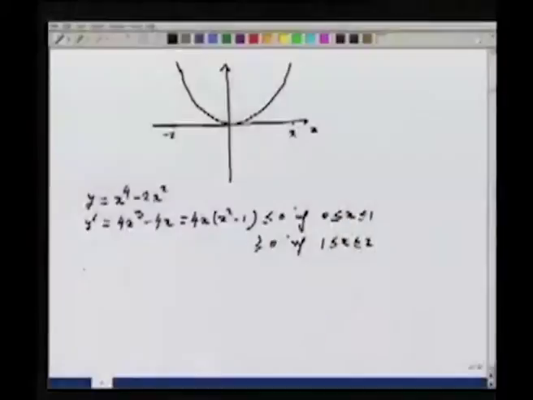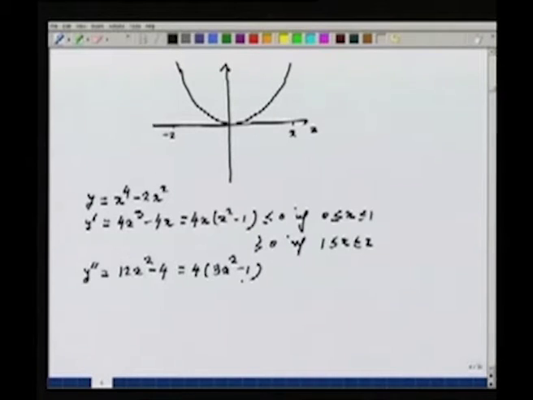Now I look at y double prime, that is 12x square minus 4, that is 4 into (3x square minus 1). This is bigger than or equal to 0 if x is bigger than or equal to 1 by root 3.